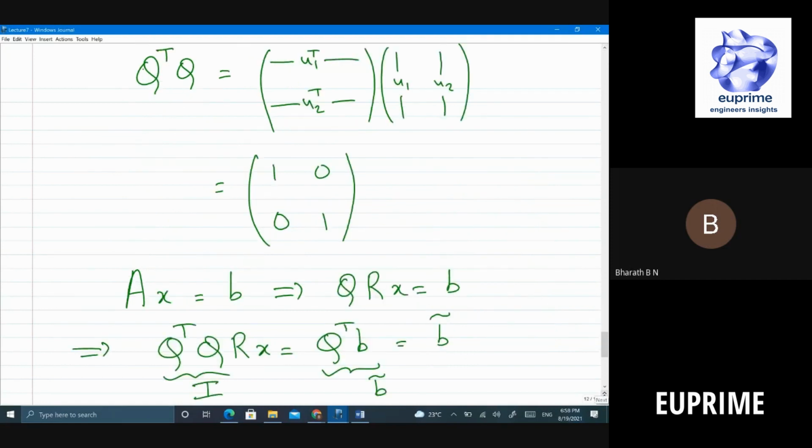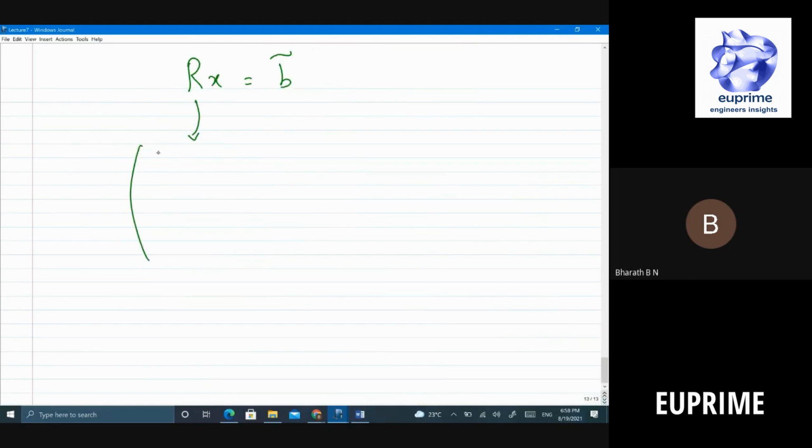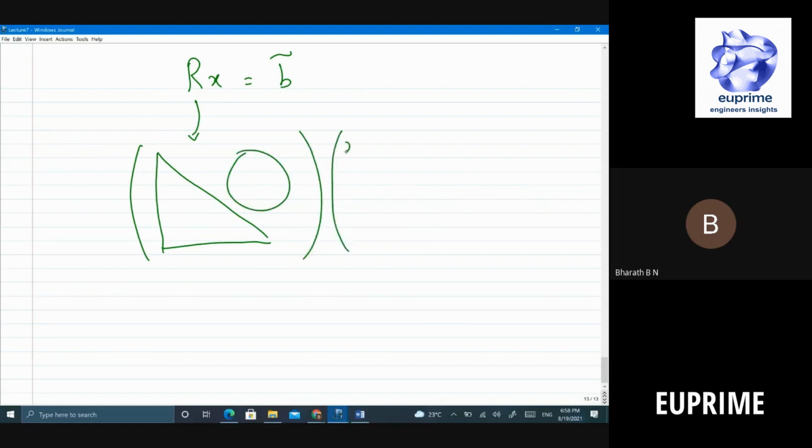That means it's lower triangular like this, you have entries here and 0 here, right? Times X, X1, X2, Xn, which is B1 tilde, B2 tilde, and so on, Bn tilde.